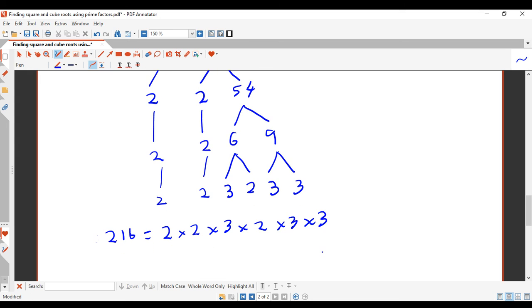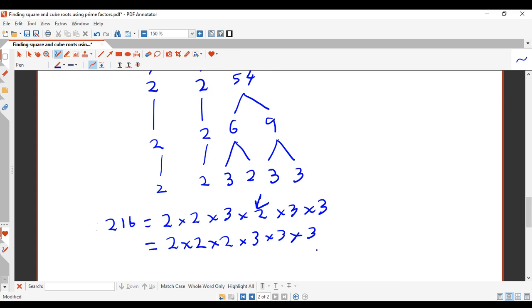Now with multiplication, the order doesn't matter. So we're just going to change the order so we've got all the 2's together. So I'm going to just take this 2 here and put it next to the other 2. And that will leave the 3 3's together and the 3 2's together.